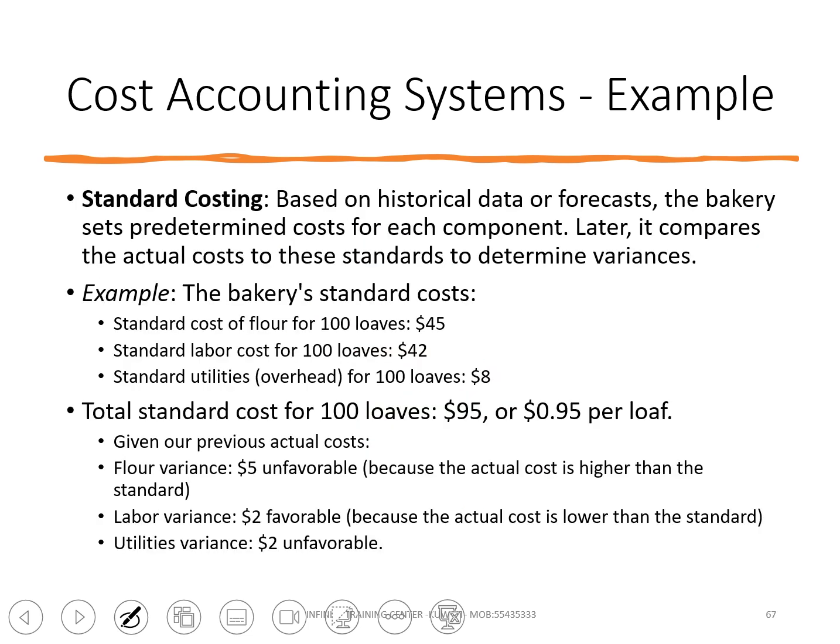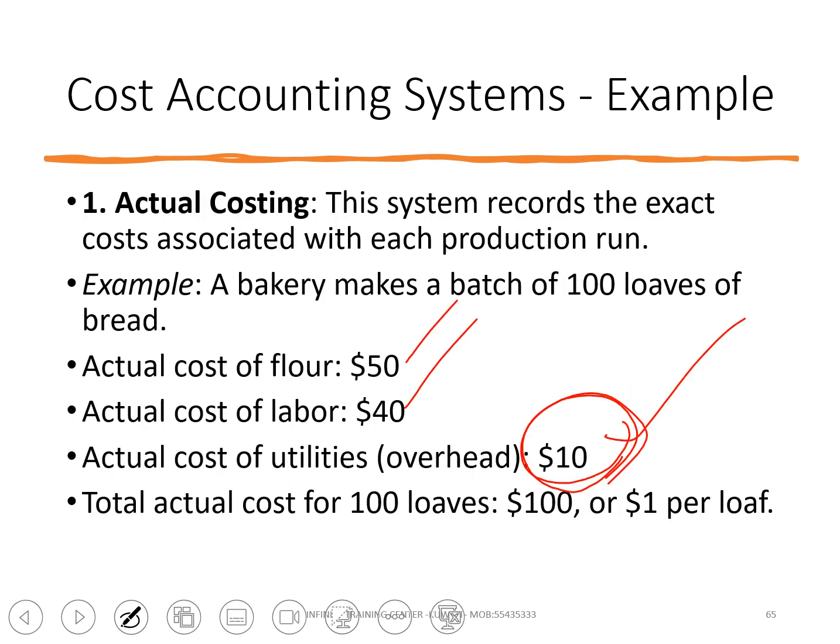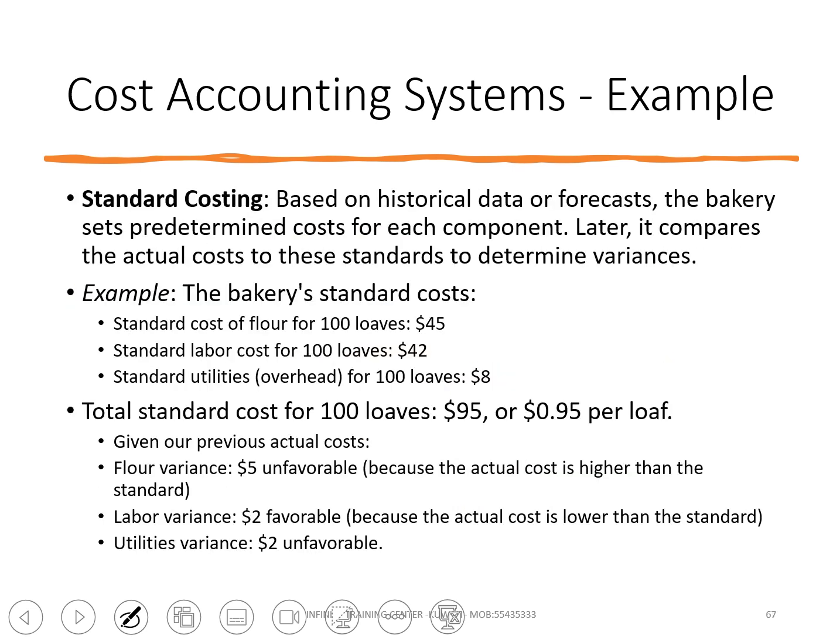When it is standard costing, as we said, here we have $50 actually spent, here $40 actually spent, here $10 actually spent. But in standards, we will not consider the actual cost. We will take the standard cost that we set. So what is standard cost? That is the cost that we set in the beginning based on our historical data.